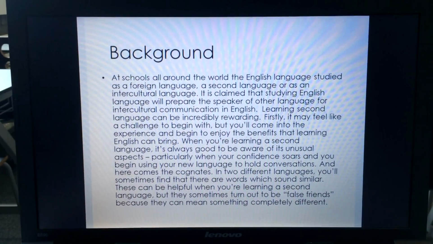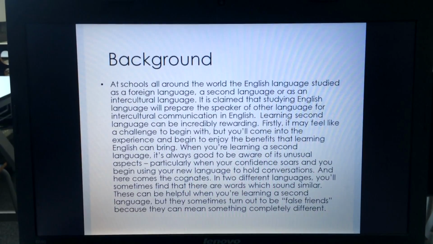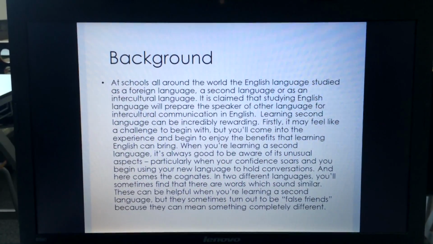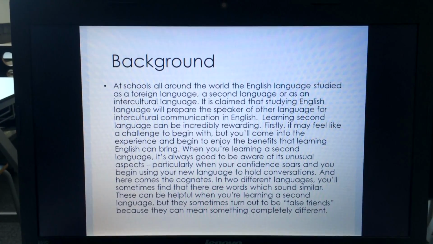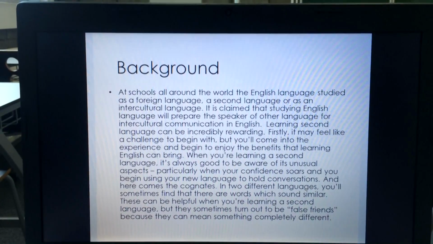So the Russian language seems still to be the dominant language of intercultural communication, so the English-Russian false friends are a huge problem in Kazakhstan.